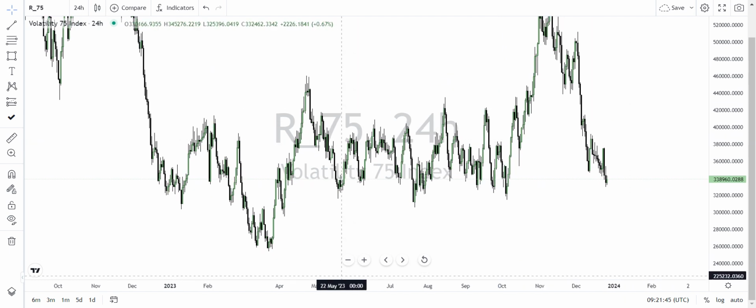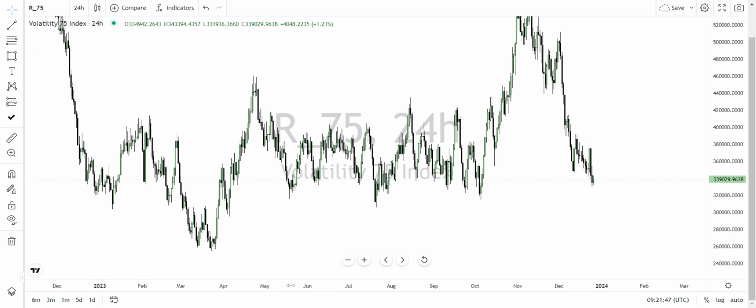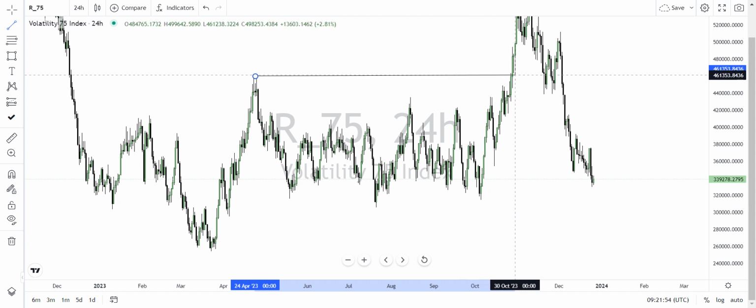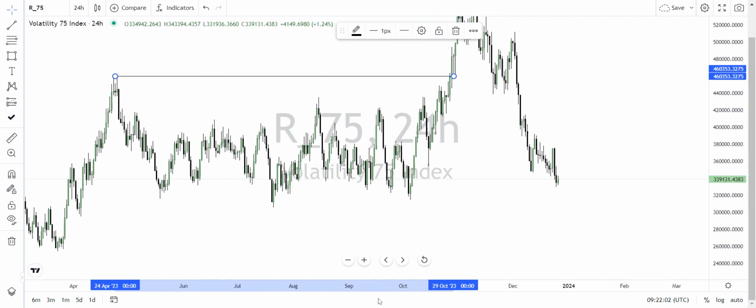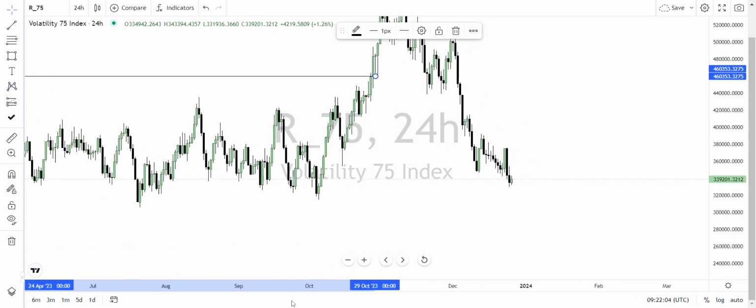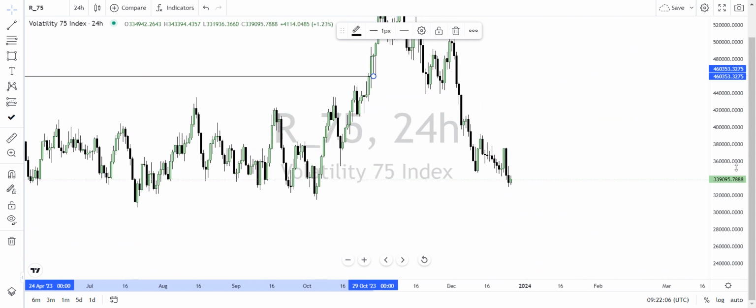Now let's open our chart. Let's check our recent break of structure. Market broke up. Yeah, so there was a BOS here. So we knew that the market broke structure to the upside.